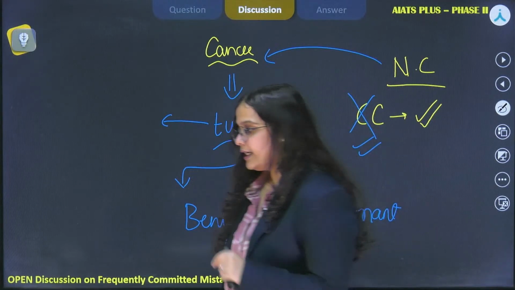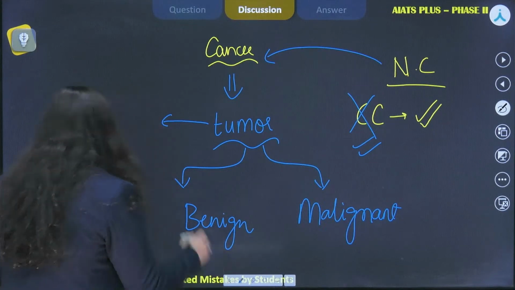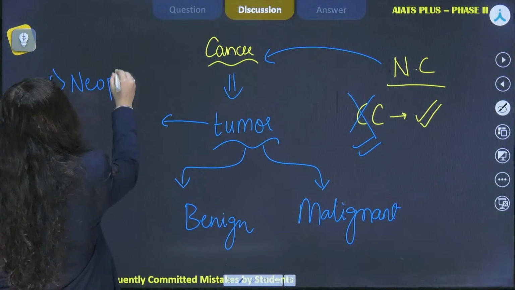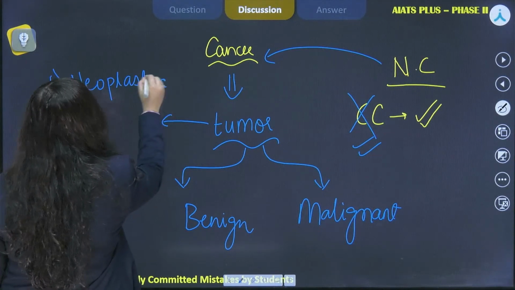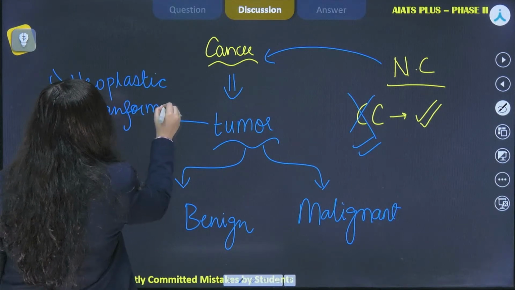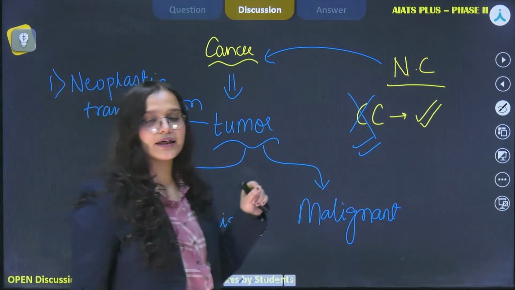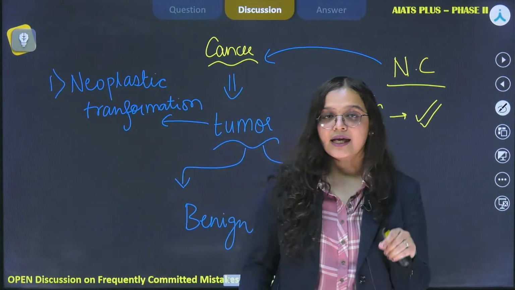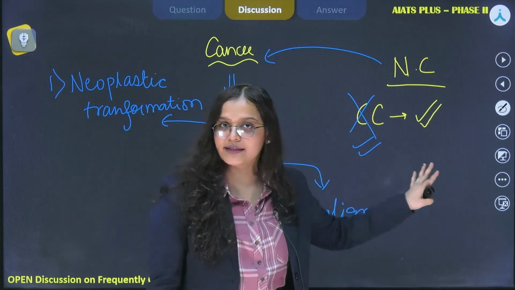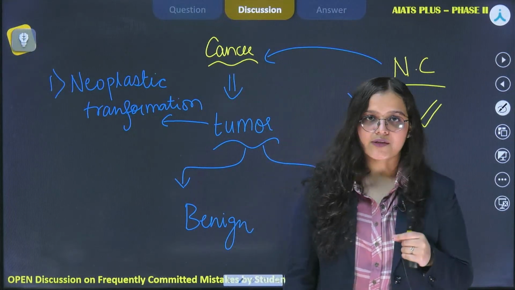Basically a tumor cell is said to have undergone neoplastic transformation. Neo means new. So the tumor that has formed has characteristics which are not like the normal cell. So we say that it has undergone neoplastic transformation.